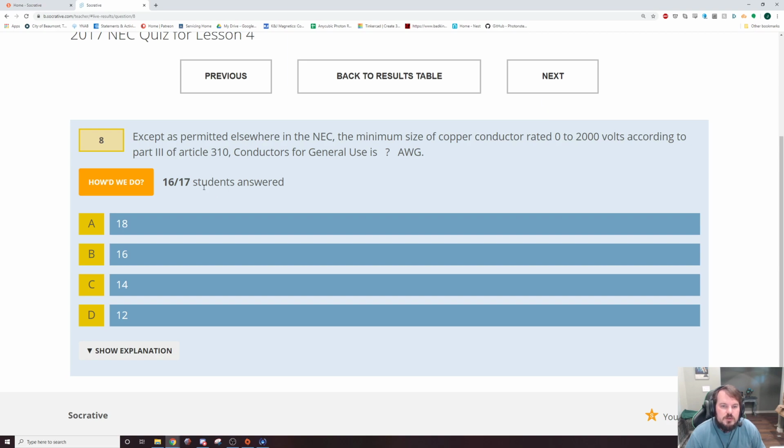Except as permitted elsewhere in the NEC, the minimum size copper conductor rated 0 to 2000 volts according to Part 3 of Article 310. That's number 14. If you look on table 310.15b16, of all the wire sizes, number 18 is listed, so you will need to go a little bit deeper.